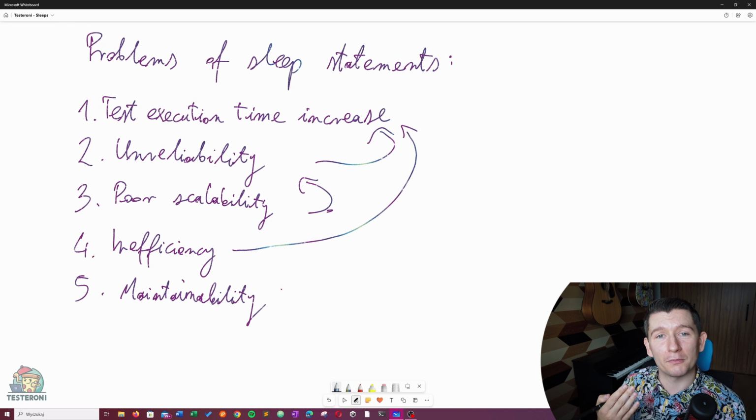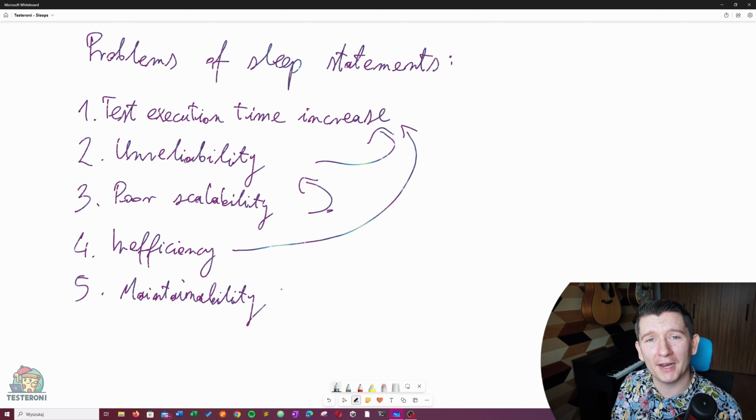It's a constant battle, and a battle that you don't actually need to partake in, because you can just go for different routes of solving that problem. And we are going to discuss all of them in the next video, where we dive more into possible alternatives. But for now, just keep in mind that maintainability is a very weak point of a test automation framework that is based on sleep statements.